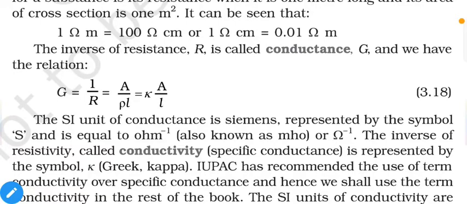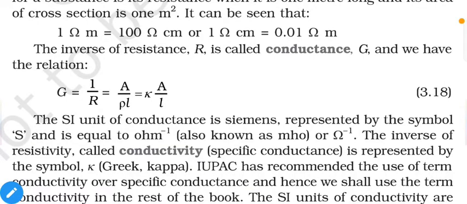The symbol will be G, and we have the relation G is equal to 1 upon R, or it is equal to A upon rho L, where 1 upon rho is equal to K or kappa, so G is equal to kappa into A upon L. The SI unit of conductance is Siemens, represented by the symbol S, and it is equal to ohm inverse, also known as mho.